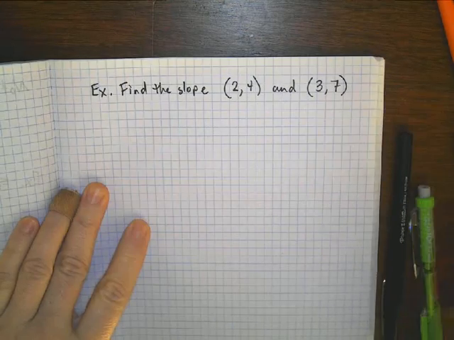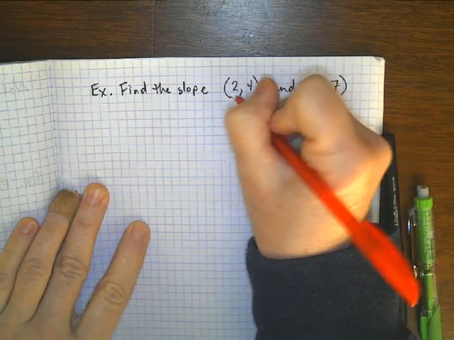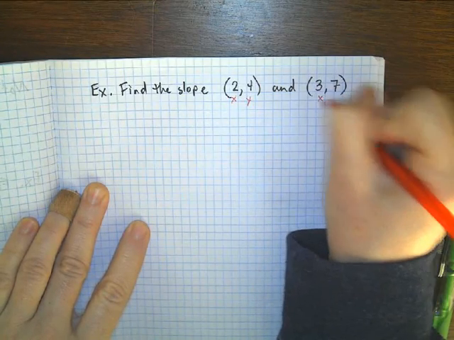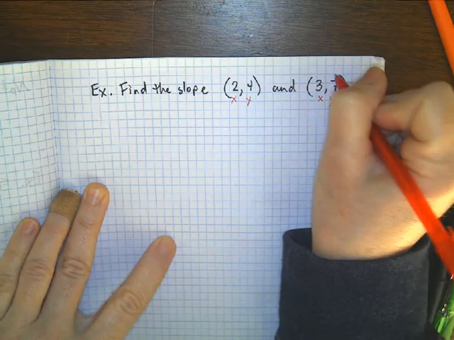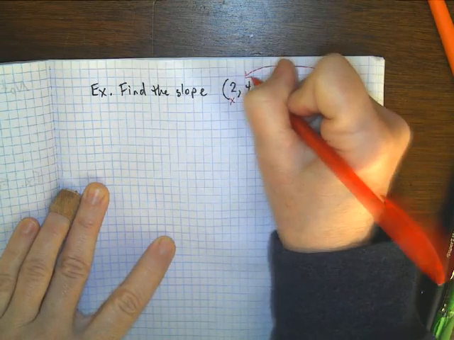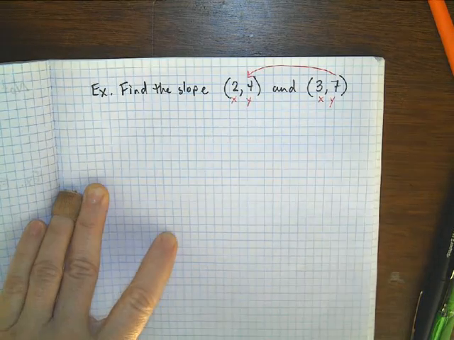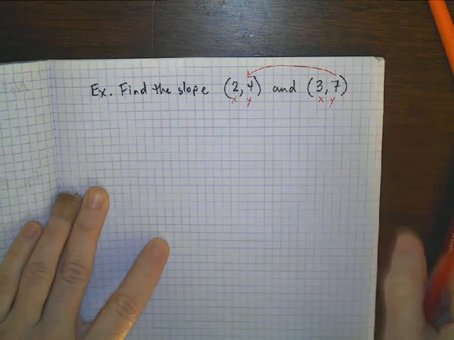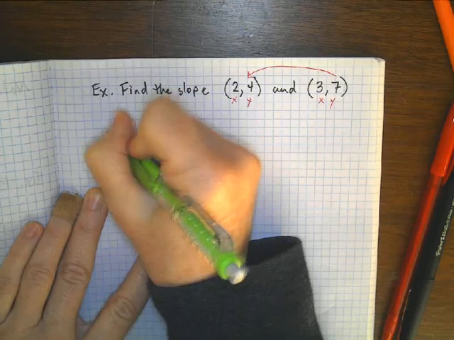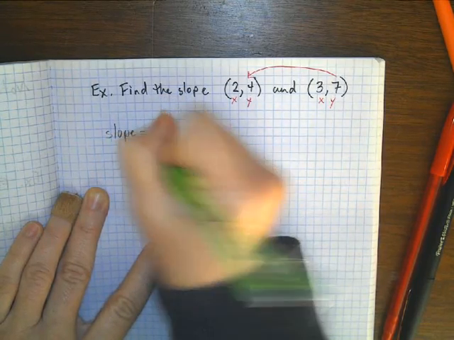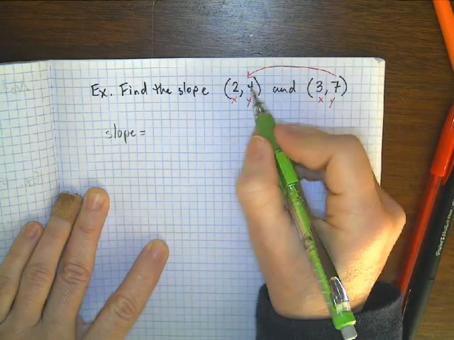Okay, so what did I do? Remember, it goes x, y, x, y. And we're going to do y minus y. It's the change in y. These are the up and down numbers. The 4 and the 7 are the up and down numbers. So my slope is going to be equal to 7 minus 4.